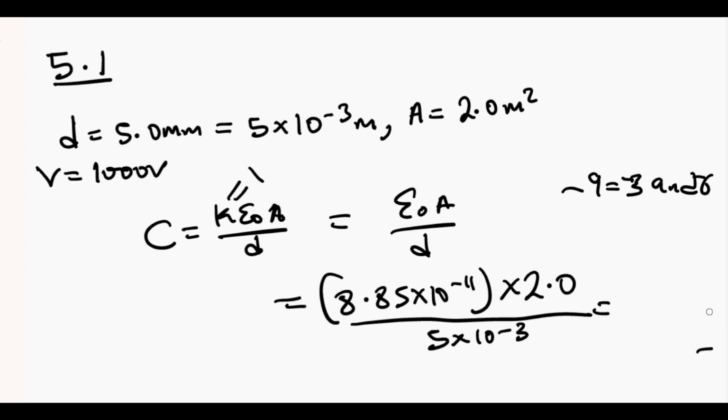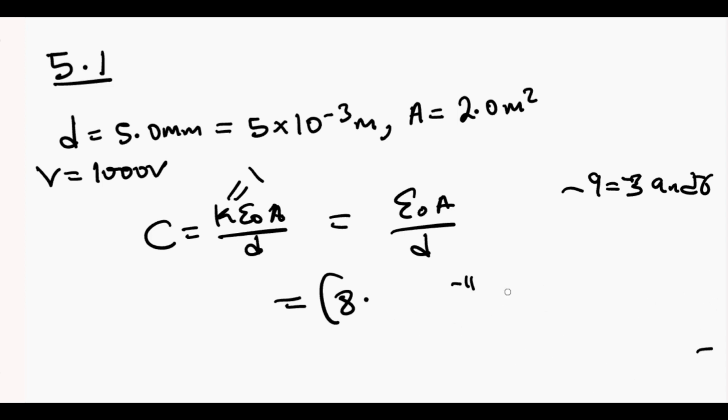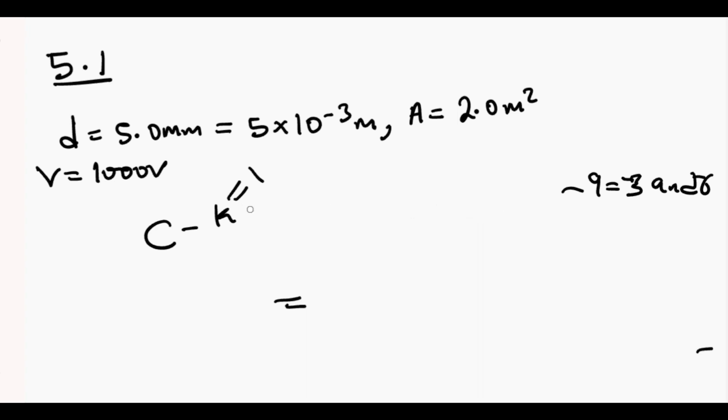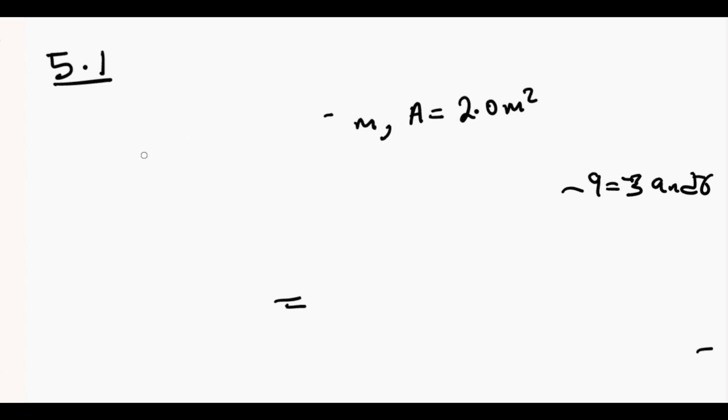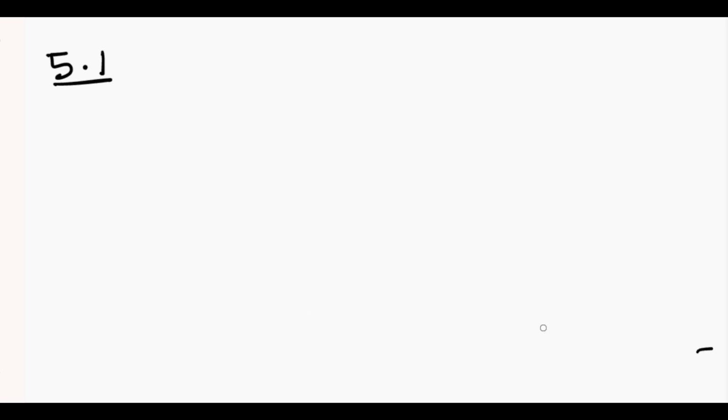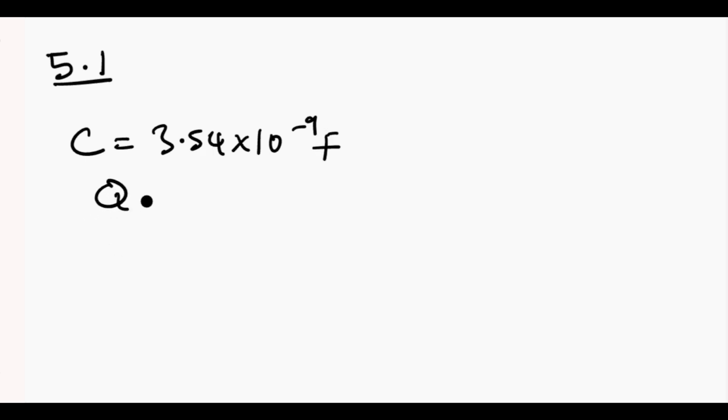The next question is option B. It says the charge on each plate. How do you get the charge? Remember that in the first part we got the capacitance to be equal to 3.54 times 10 raised to power minus 9 farad. Now to get the charge Q, what do we do?